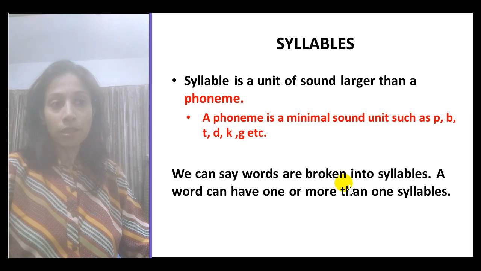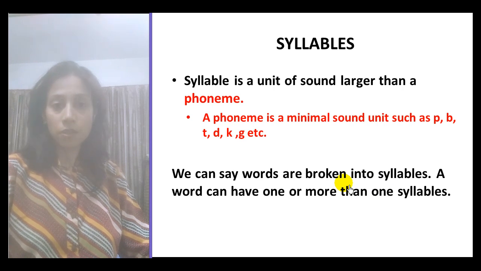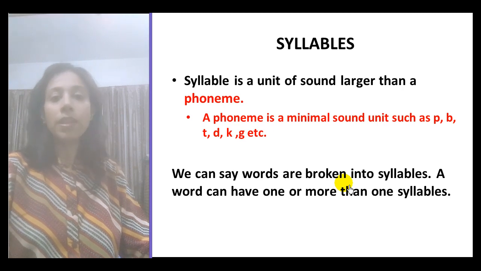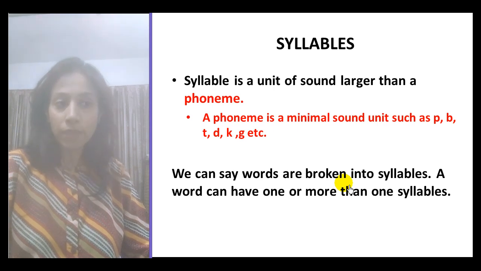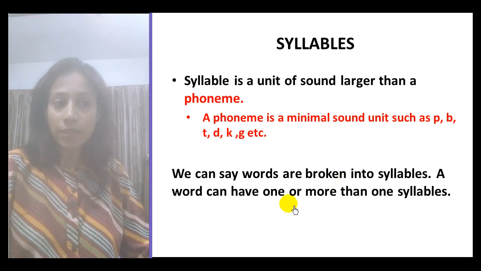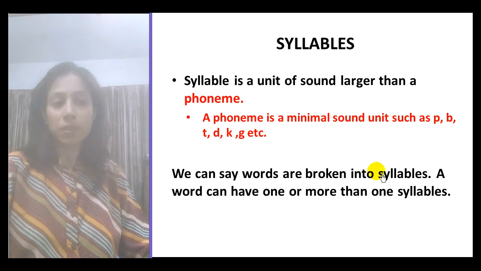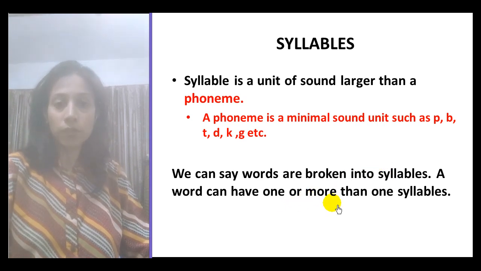So a phoneme is something which is smaller. A syllable is one rank higher up to the phoneme. We can say words are broken into syllables, and we'll just see how they are broken into syllables.